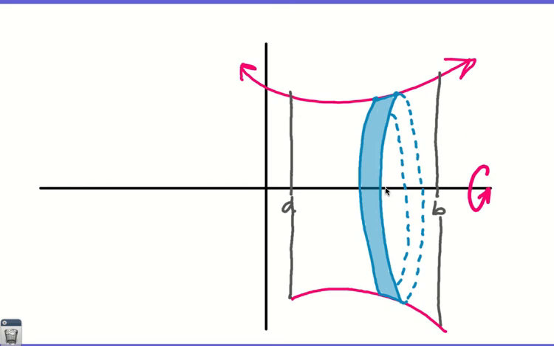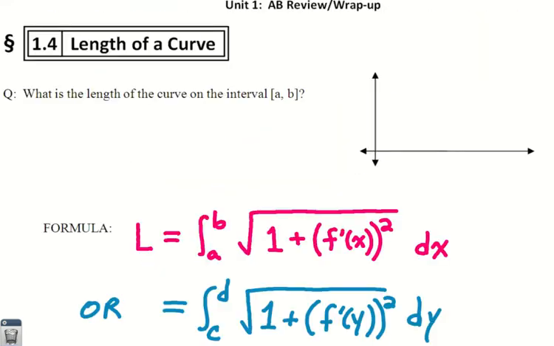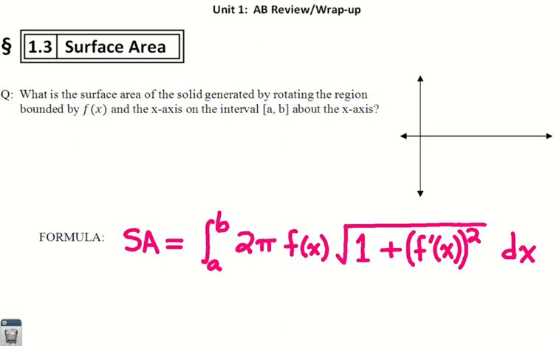Wouldn't f of x be from the axis to the curve? So that would be the radius. I'm sure we're going to need the radius in the whole geometry of finding the surface area. And so the radius shows up in the formula here as f of x. But let's just go with the formula and trust in it.